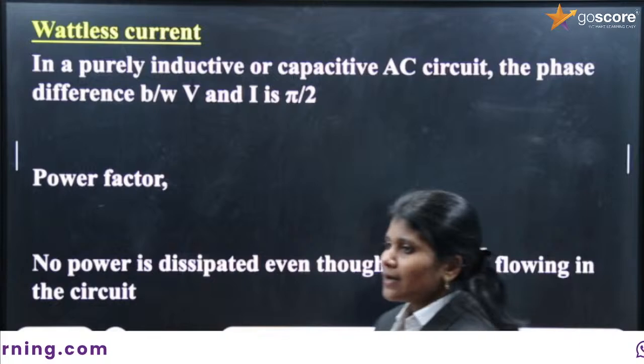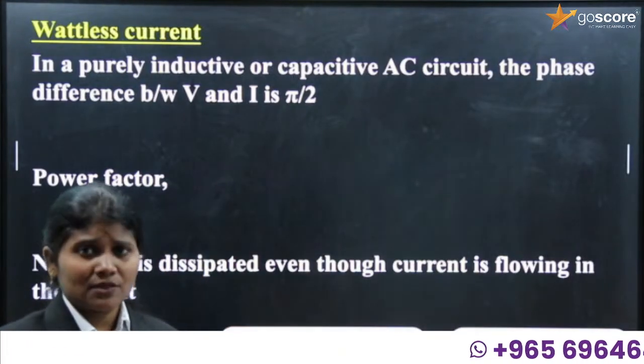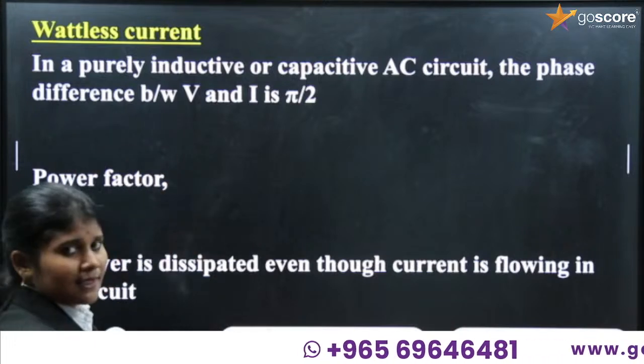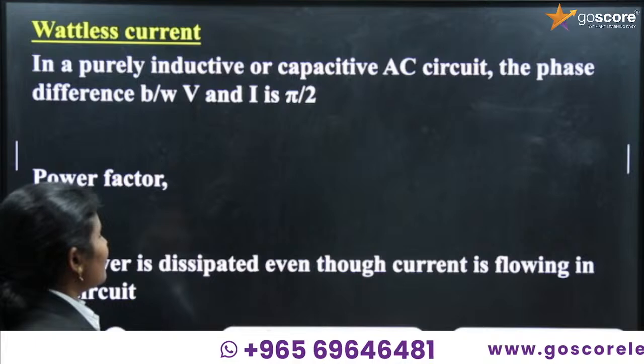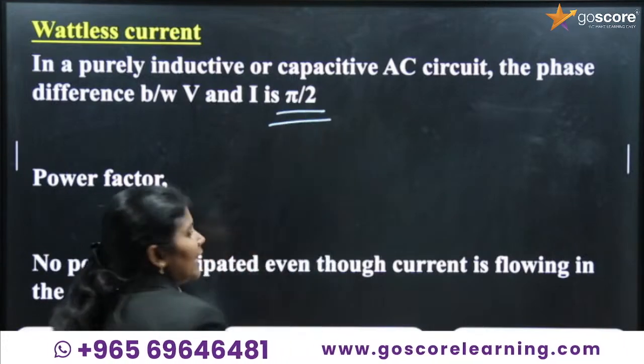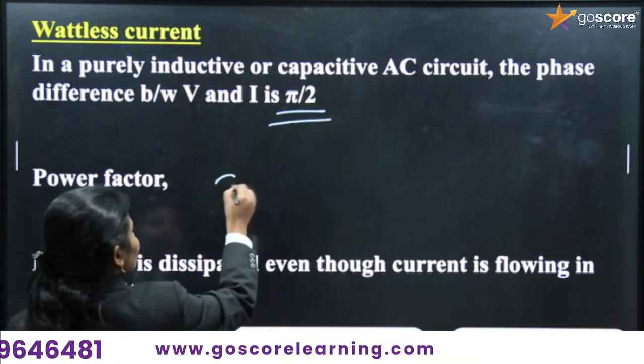Next one is the wattless circuit. This is what we call a pure inductive and capacitor circuit. In a purely inductive or capacitive AC circuit, the phase difference between V and I is pi by 2. What is the power factor?